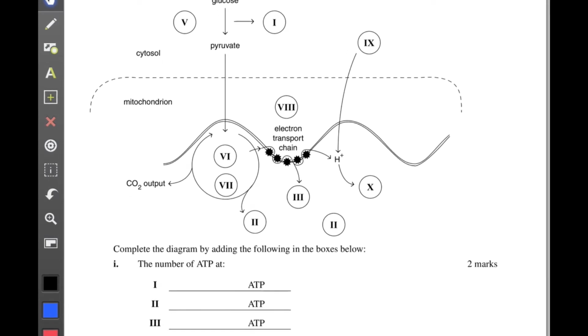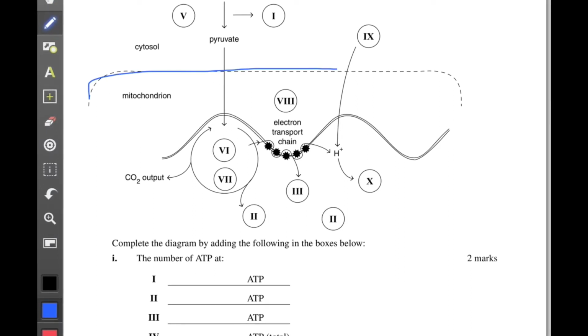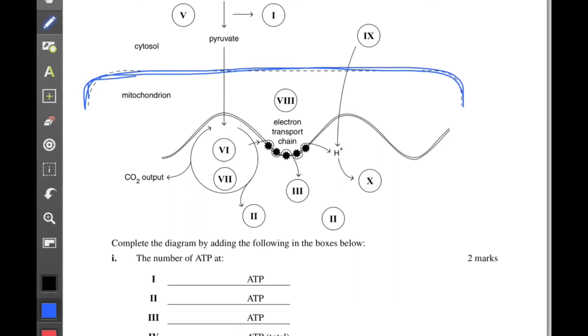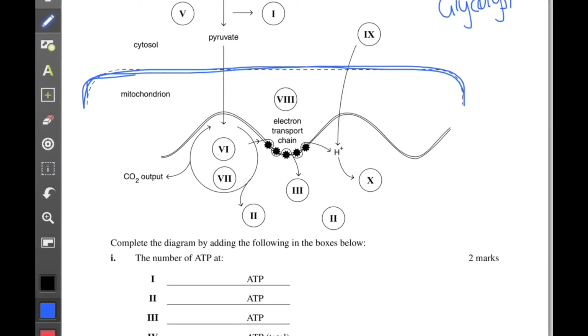So, let's go blue. We can see here that they've got the membrane of the mitochondria. We know that there are 3 stages of cellular respiration. We have glycolysis that occurs on the outside of the mitochondria.